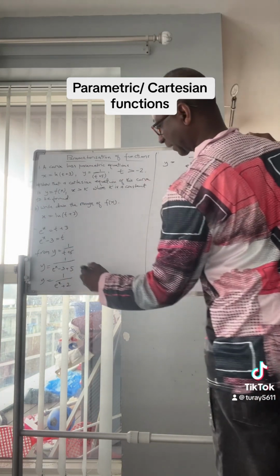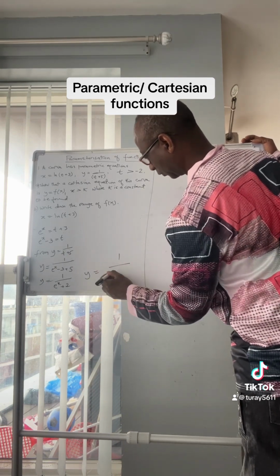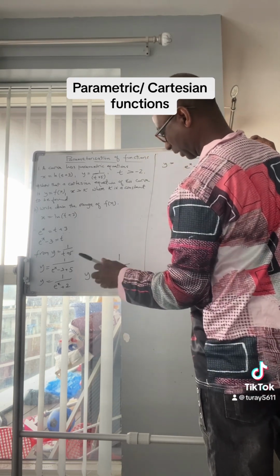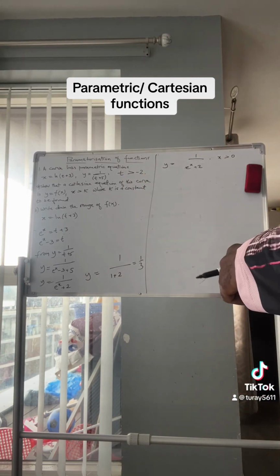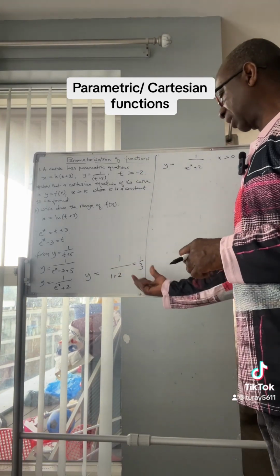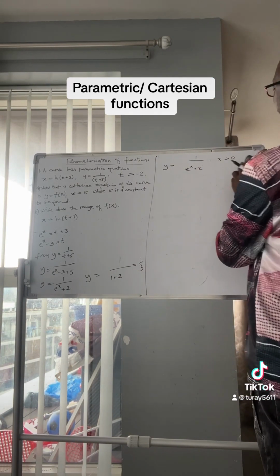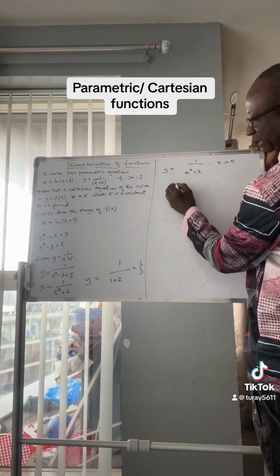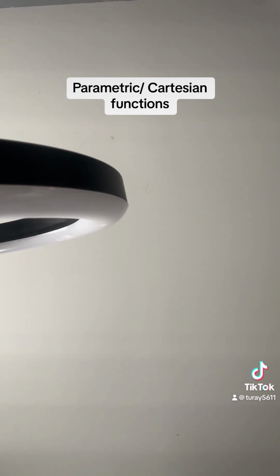That will give us y equals 1 all over 1 plus 2, so 1 all over 3, 1/3. Because this is 1/3, this is the maximum you can get. So this is our range for x, and our range of y means y is greater than 0 and less than 1/3.